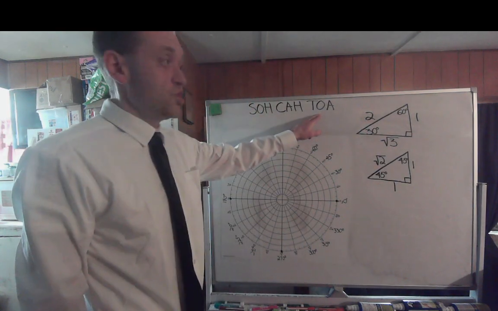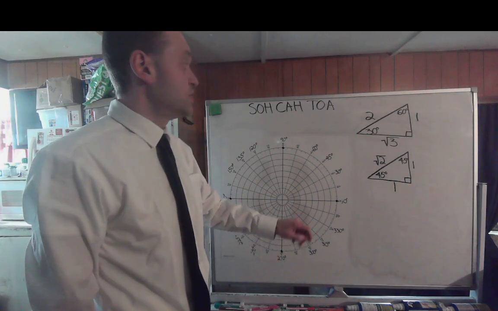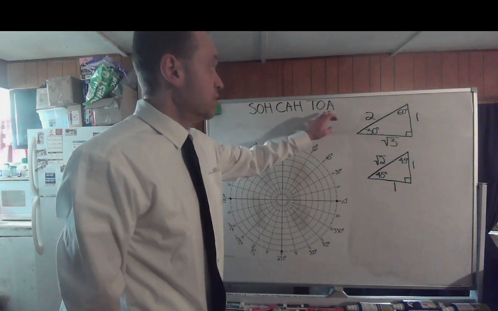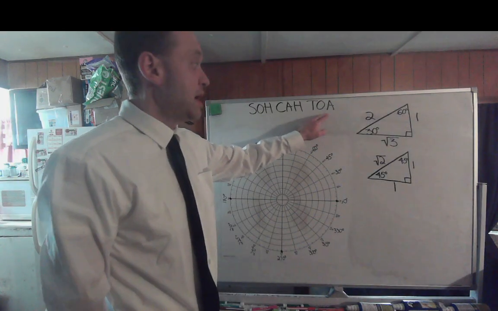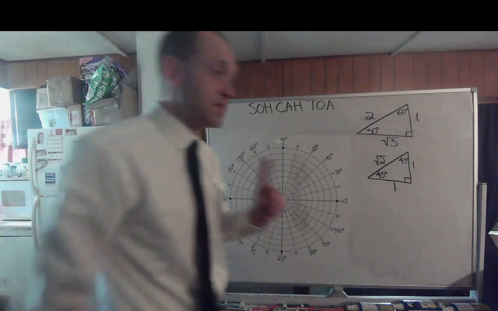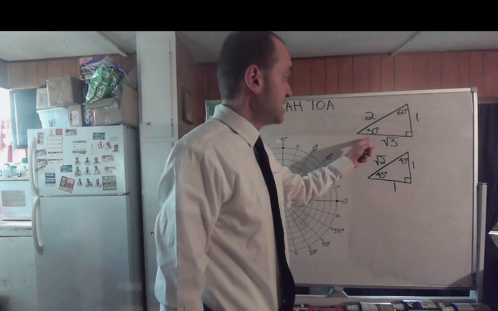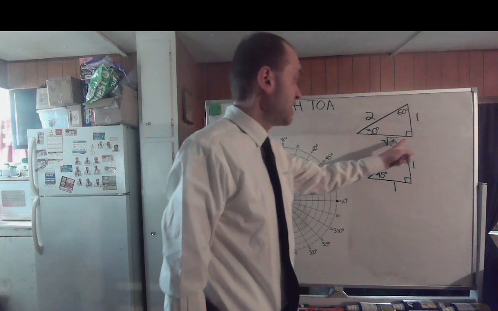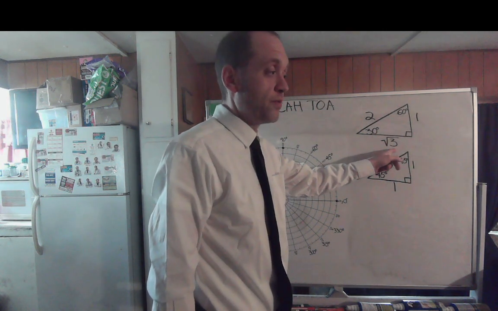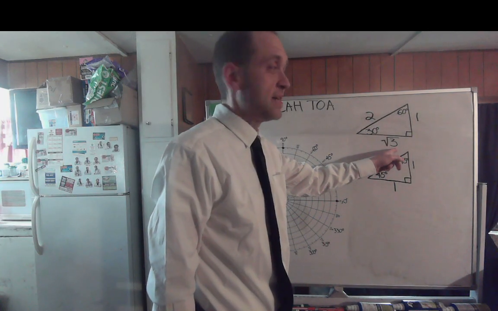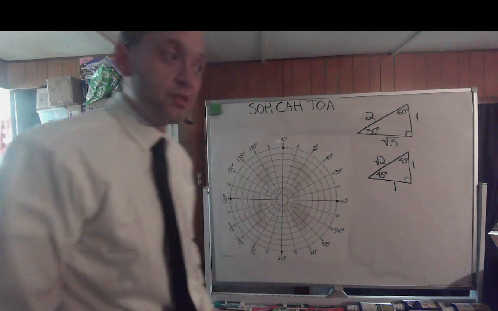And then the tangent. The tangent is going to be opposite over adjacent. Toa, opposite over adjacent. So if I wanted to take the tangent of 30 degrees, I'm going to take the opposite leg of 1 divided by the adjacent leg of the square root of 3, which we know would rationalize into the square root of 3 divided by 3.